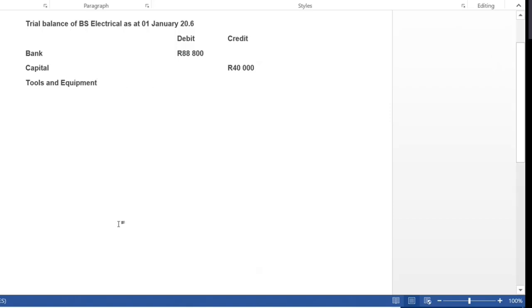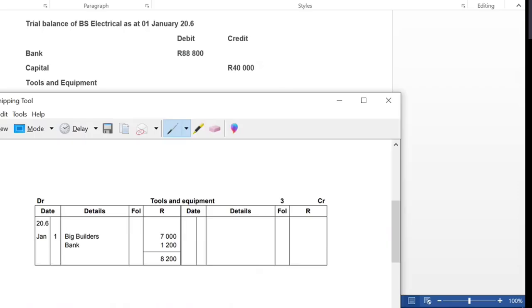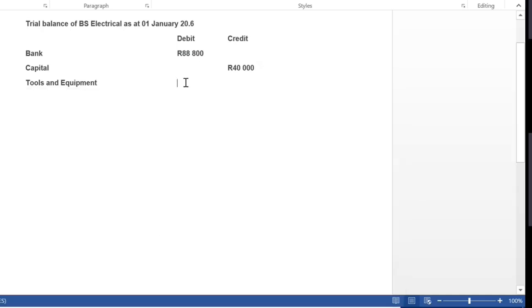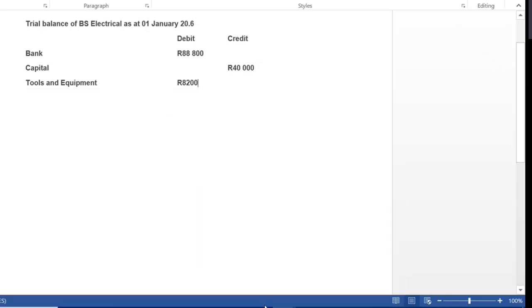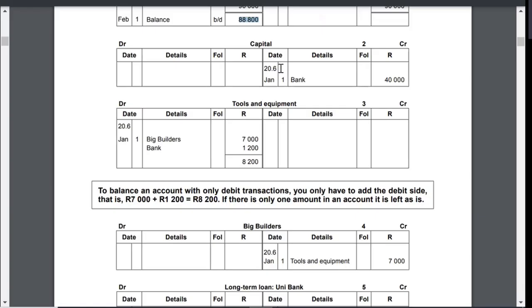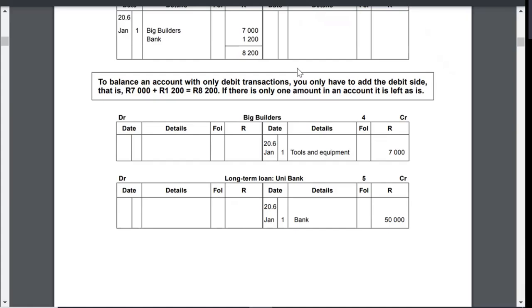Where are we going to put it? On the debit side, for 8,200. The main thing is that when you do a TB, a trial balance, your trial balance must always balance.